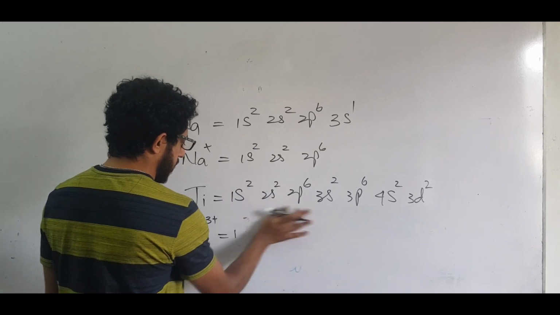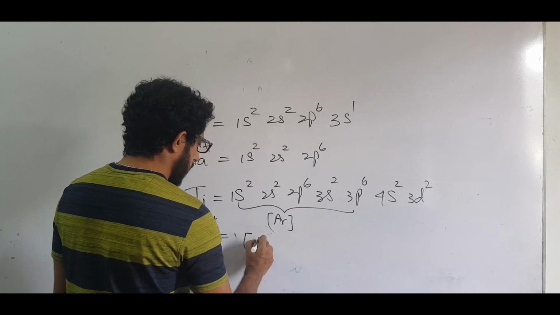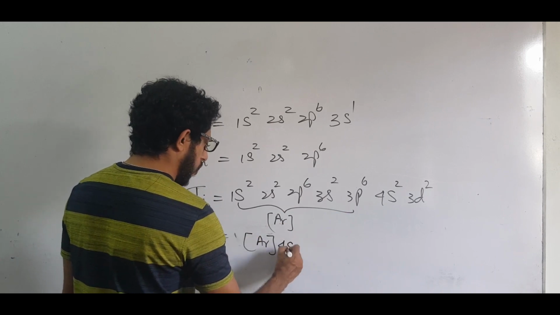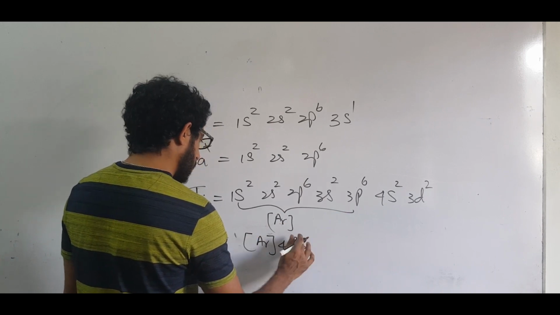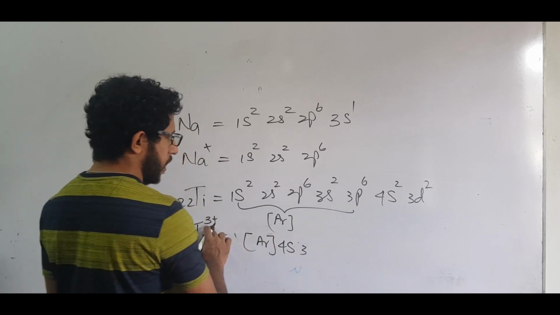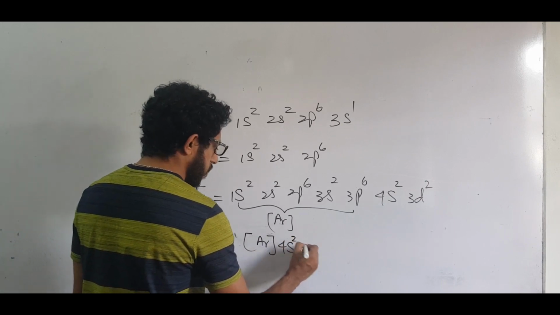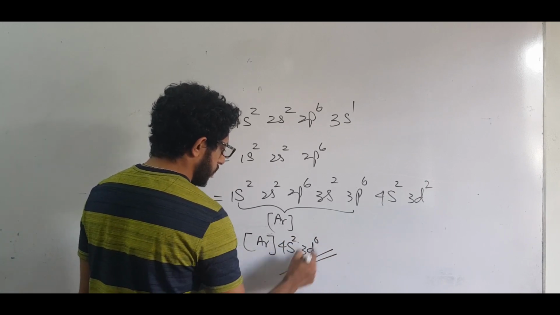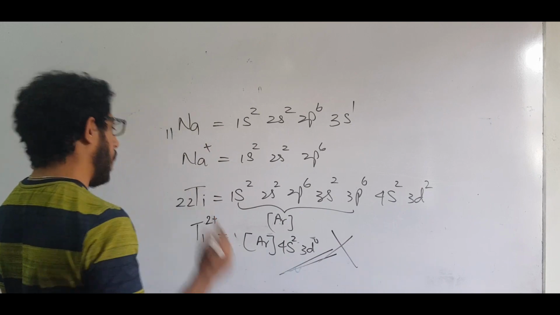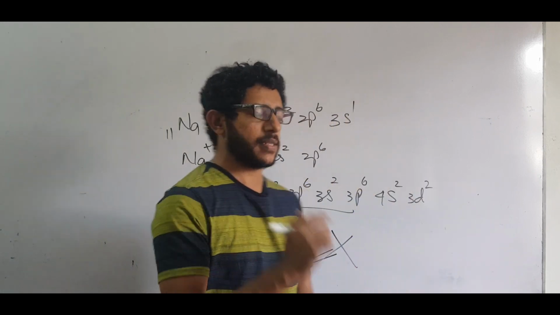I will write everything up to here as argon. So, it is not like argon 4s2 with 3 electrons removed. Let us first write titanium 2 plus: it's not 4s2 3d0. That is wrong. Why? Always, electrons are removed from the outermost main subshell.